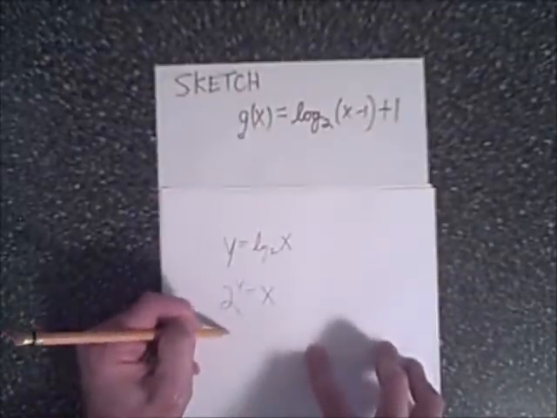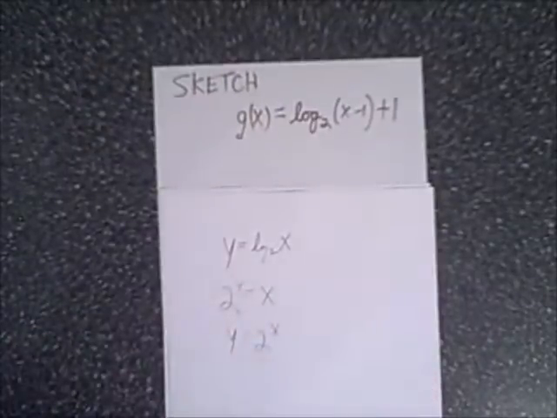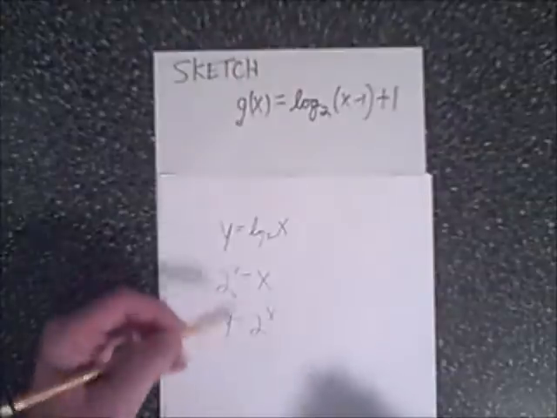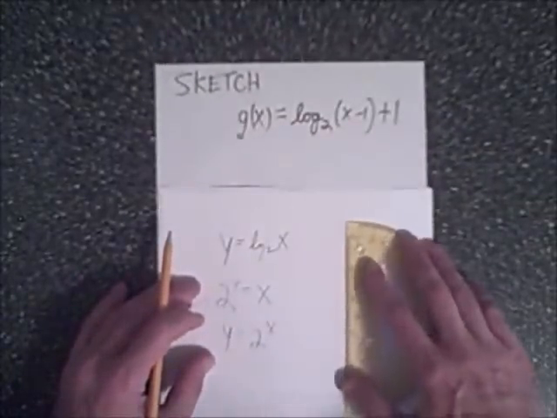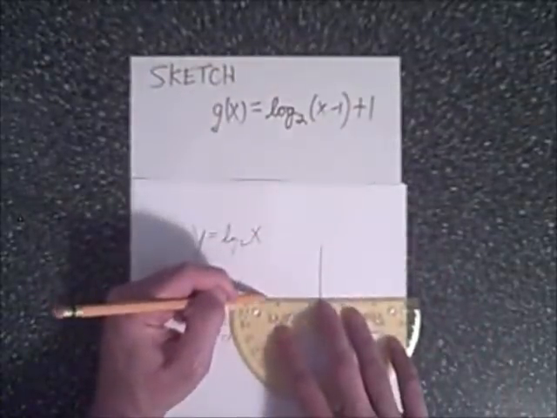So the inverse of this is going to be y equals 2 to the x, which of course we just graphed on the other page with some shifts involved. Let's graph both 2 to the x and log base 2 of x, so we have something to work with. Okay, so here's our sketch.